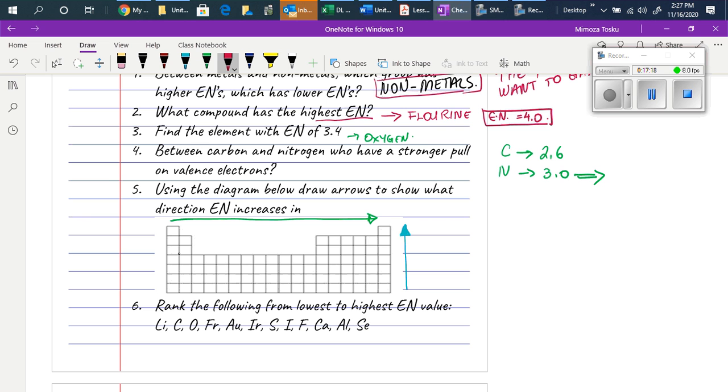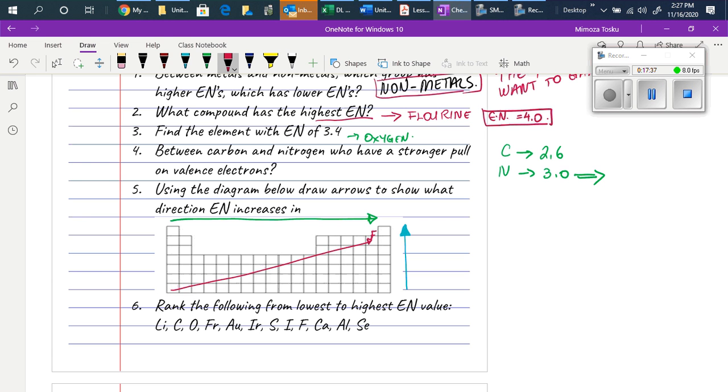So in general, electronegativity in the periodic table increases in this way, reaching fluorine here, which is the highest one.